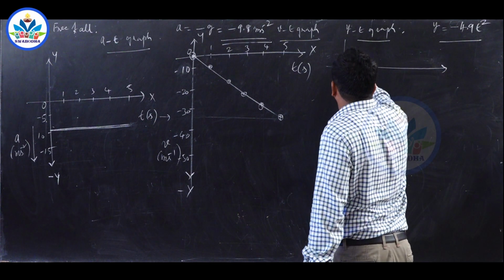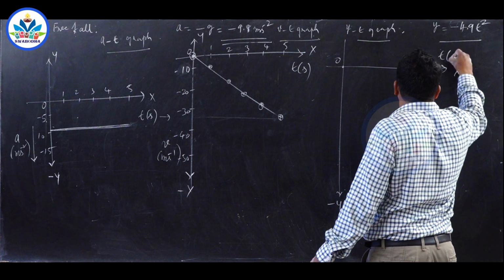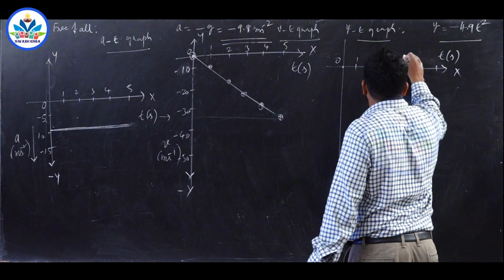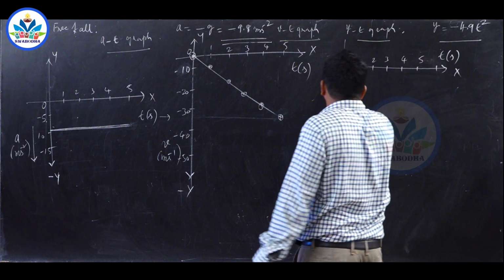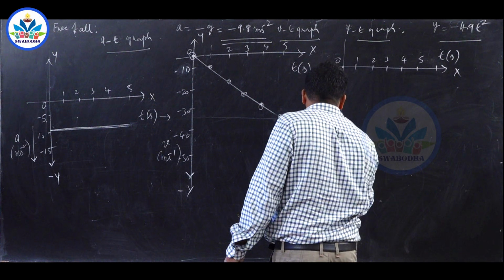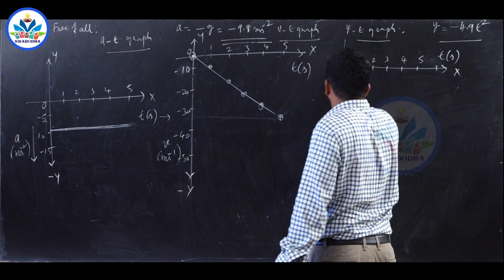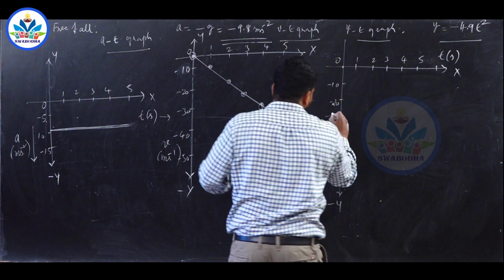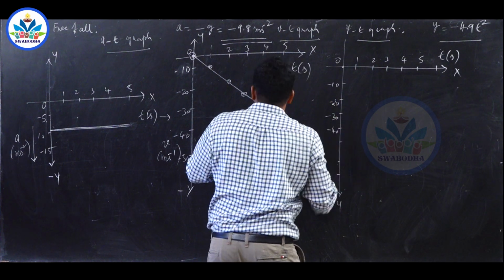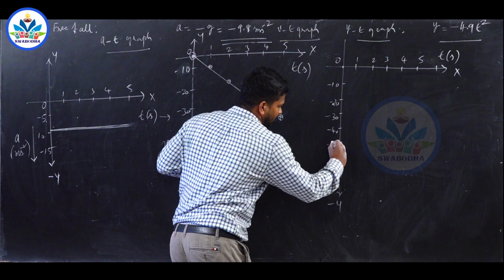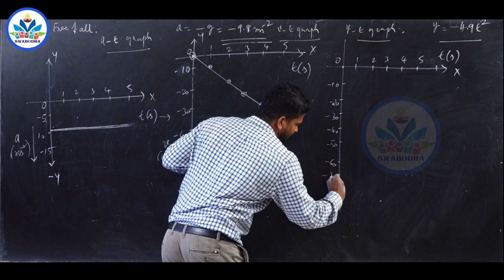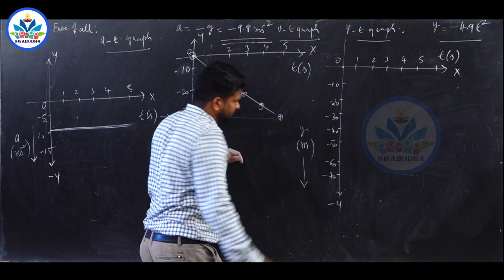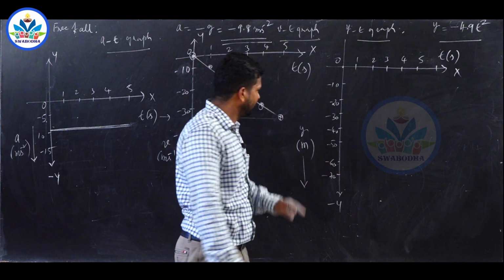This is time in second, and minus 10, minus 20, minus 30, minus 40, minus 50, minus 60, minus 70, like this. This is y in meter. YT graph, t in second, y.